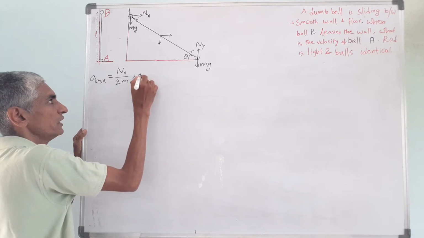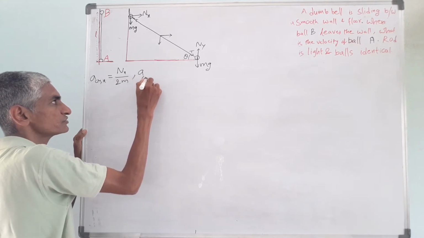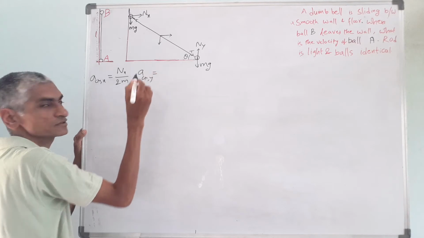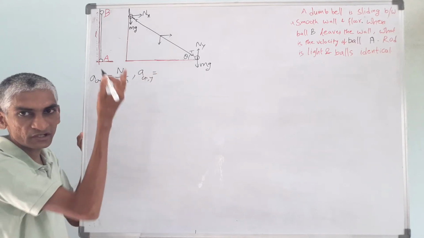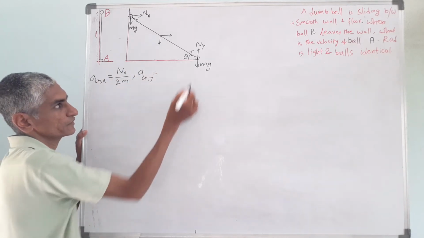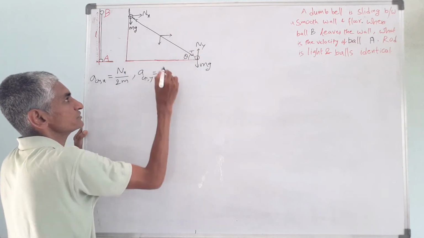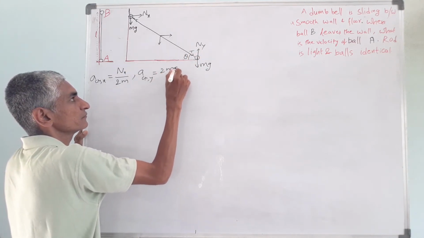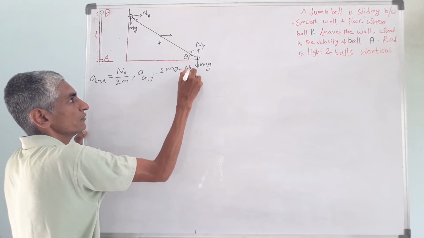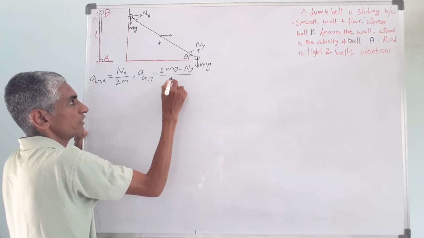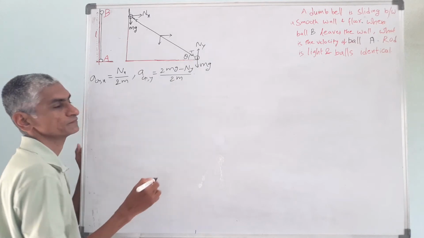Next, acceleration of center of mass in y direction, am I right? Net force in the vertical direction, external force, mg plus mg and Ny, that is mg plus mg, 2mg minus Ny, by total mass 2m.